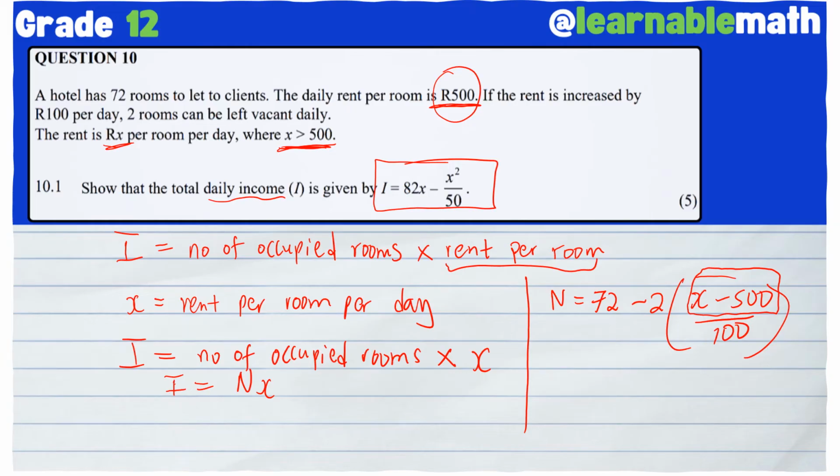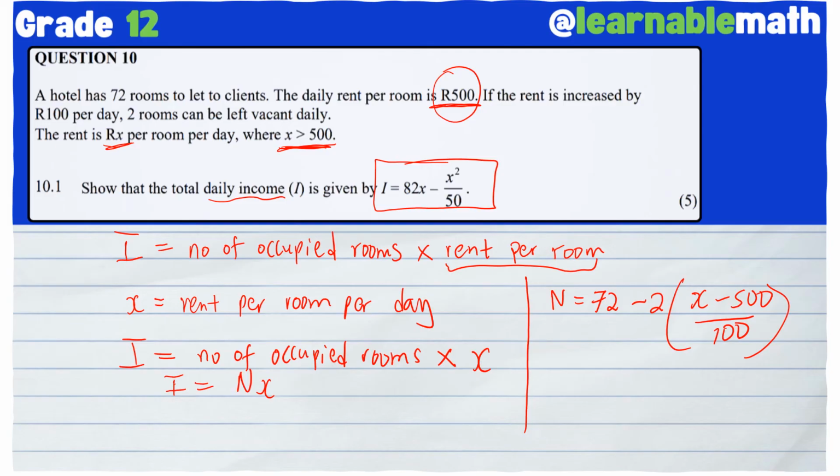By dividing by 100, we restrict it so that when this increases by 100, only 2 will be vacant. It means when this increases by 200, 4 will be vacant, and so on.